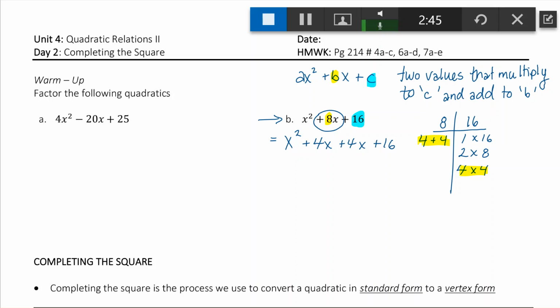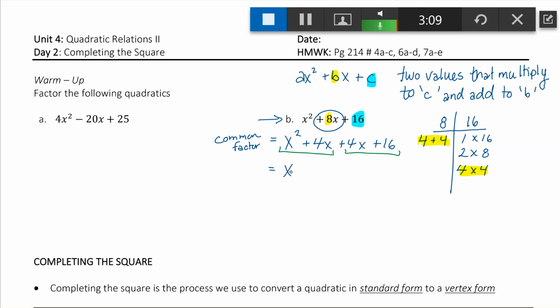The next process you want to do here is you're going to group your first two terms and your second two terms. And when we continue here, we're going to essentially common factor each of those pairs of terms. So what is common between x squared and 4x?